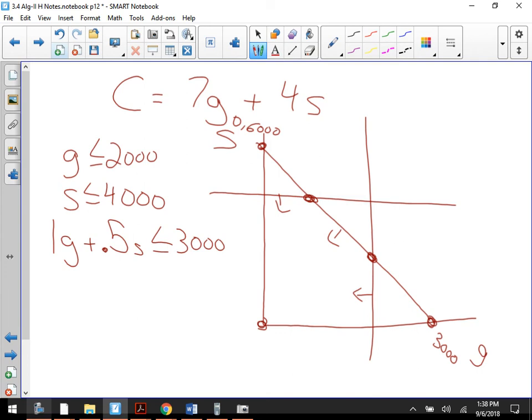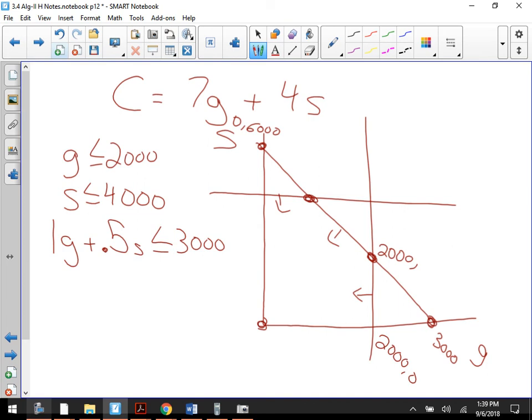Okay. We know that this one was 2 grand. So here it's 2,000, comma something. Well, 2,000 plus half of something is 3,000. Subtract it over, half of what is 1,000? 2,000, yeah.